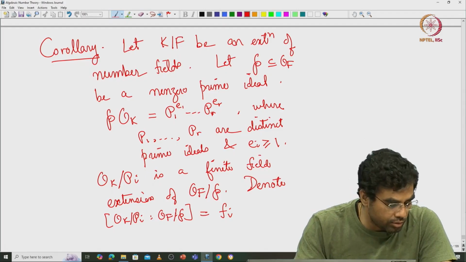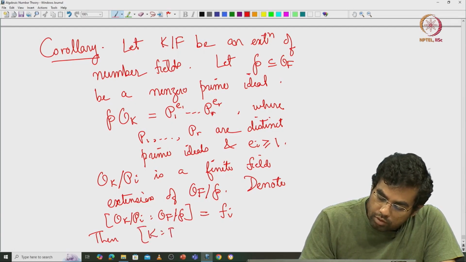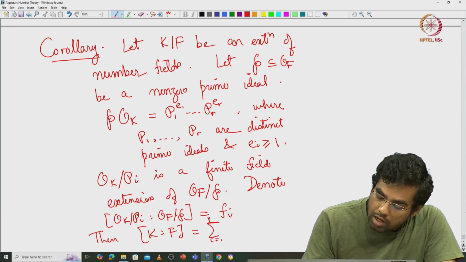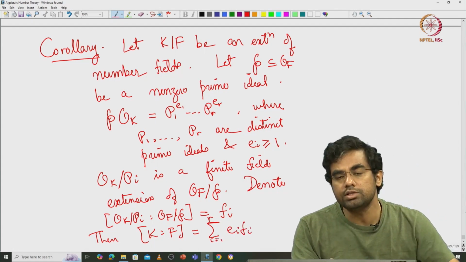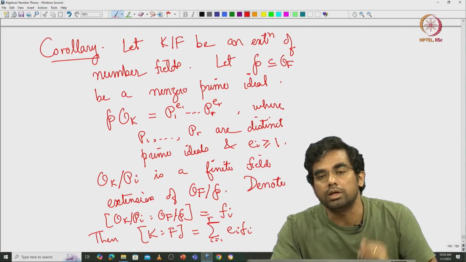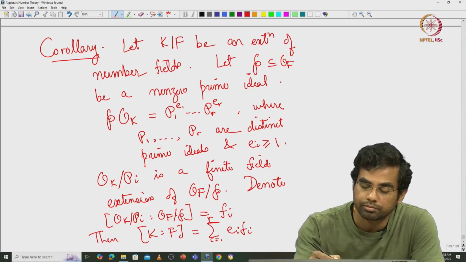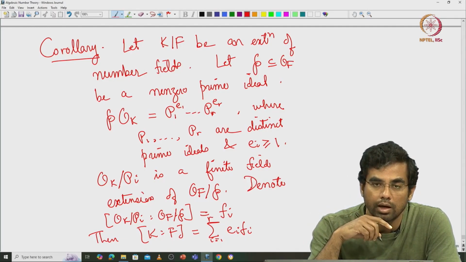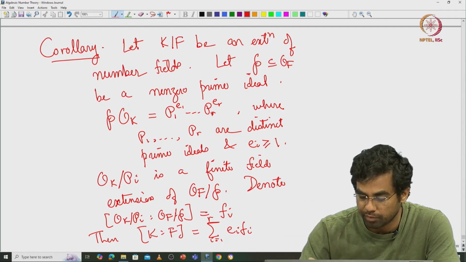This is called the residue degree. Then the conclusion of this theorem is that the degree of K over F is the summation, i going from 1 to r, of e_i f_i. So, there is a very strong relationship between the degree of K over F and the exponents that appear in the prime factorization of P times O_K, the residue degrees, and the number of prime factors of P times O_K.